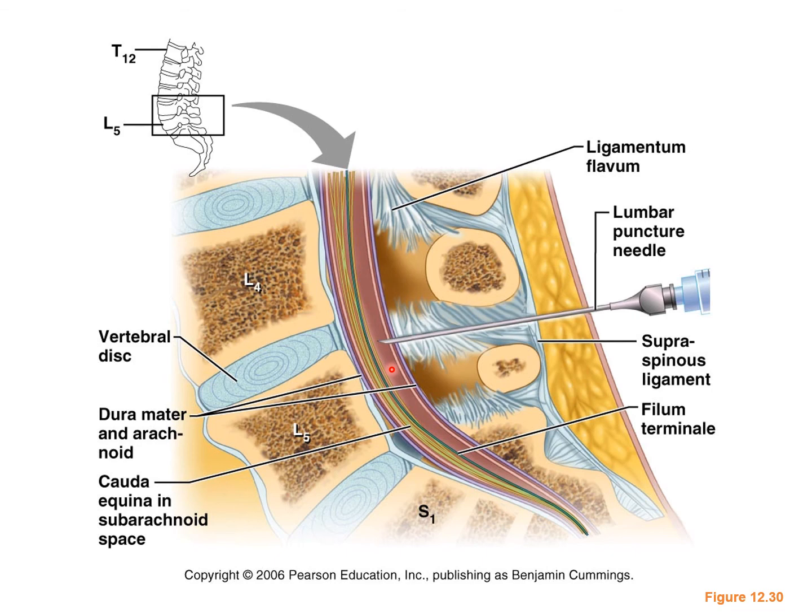Okay, so essentially anything from the site of application all the way down is going to be numbed, for example, or is going to receive the benefits of this medication. Anything from the site of application up is going to be relatively unaffected.